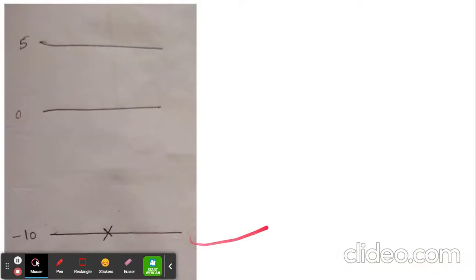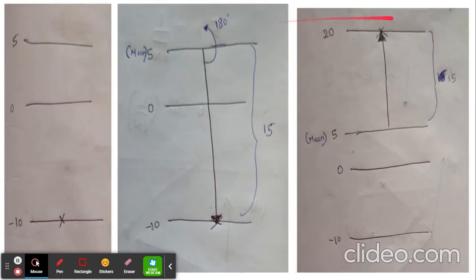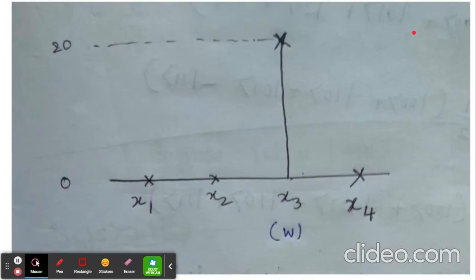Similarly, let's take -10, which was x3. It is 15 units from the average, which is 5. When you flip it around the average, or in simple words, rotate 180 degrees about the average, it becomes 5 plus 15, which is 20. So x1, x2, x4 became 0, and x3 became 20, which was the required state. You see the required state amplitude increased and the others decreased.